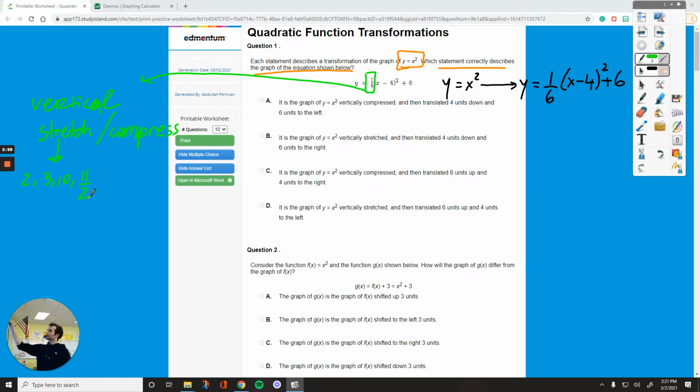For the vertical compress, if the number that you multiply the x squared by is between -1 and +1, then you have vertical compress. What that means is, from the top and bottom of the curve, we compress the graph.